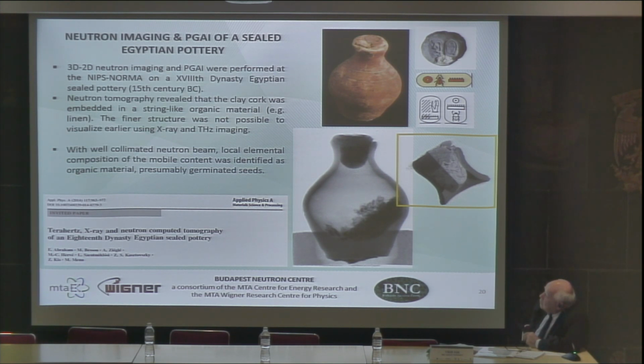You can see that with a well-collimated neutron beam, local elemental composition of the mobile content was identified as organic material, presumably germinated seeds. What you can see on this photo on the right side.